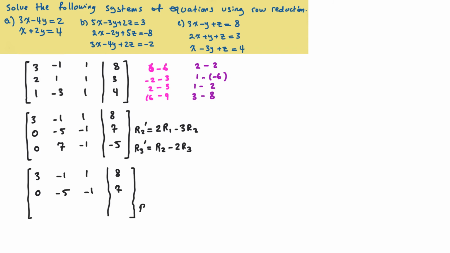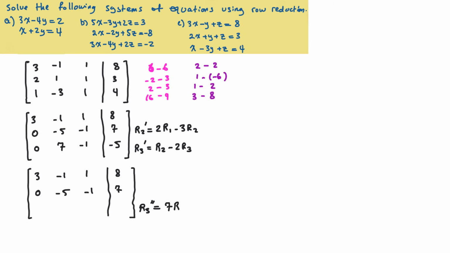And for our last operation here, row 3 is going to equal, we are going to use the lowest common multiple between these two, which is 35 in this case. So the negative 5 needs to be multiplied by 7.